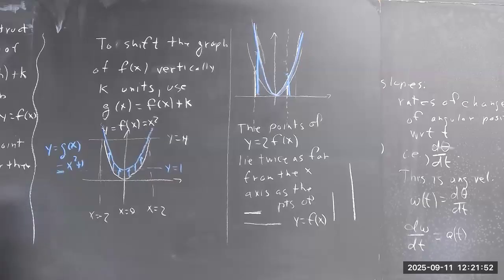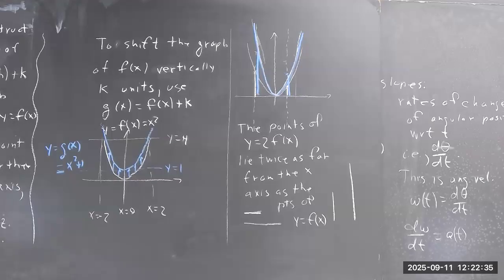Move each point a times further from the x-axis. That letter that's smudged up is a. Then shift h units horizontally, k units vertically.